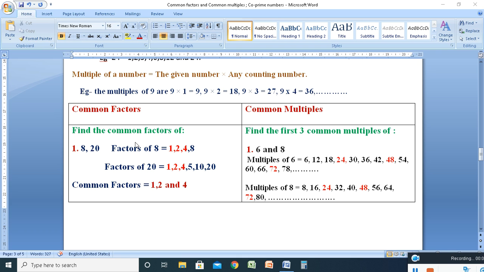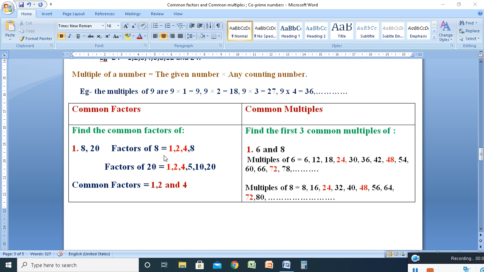Find the exact divisors for 8: 1, 2, 4, 8. So these are the factors for 8. And what about 20? Next, find the factors for 20: 1, 2, 4, 5, 10, 20. These are the complete divisors, right? If you take any number from these and divide the given number, it's a complete division, that is, you will get the remainder as 0.